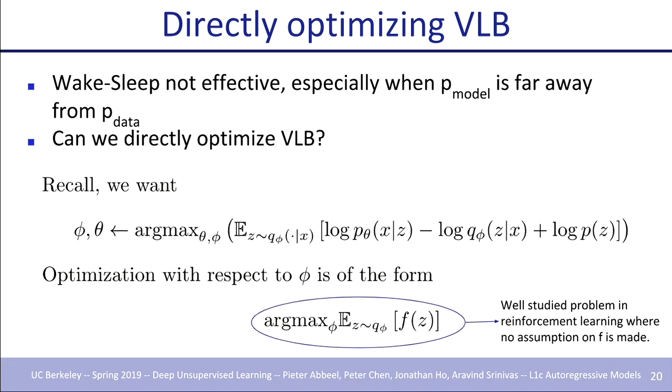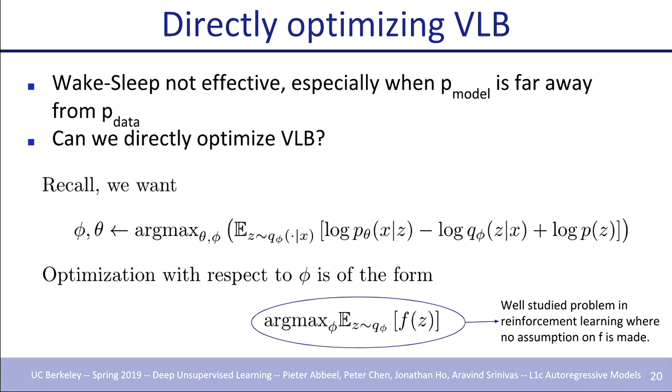So let's look at the optimization with respect to phi for now. The optimization with respect to phi is of the form where you have a distribution whose parameters are phi, and then you're trying to optimize some function of the samples acquired from the distribution. So this is of the form expectation over z sampled from q phi of some score f of z.